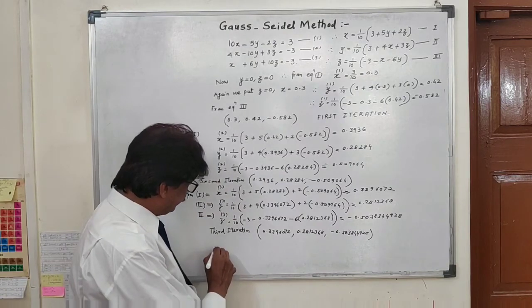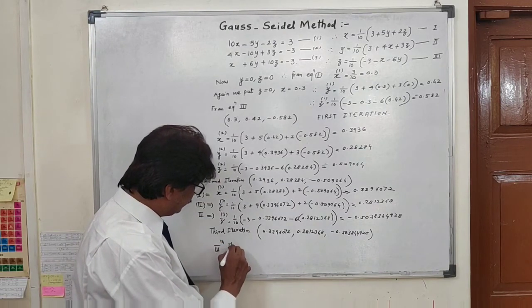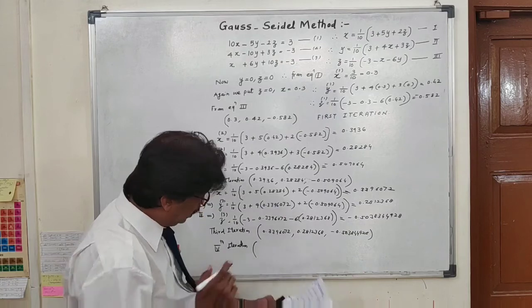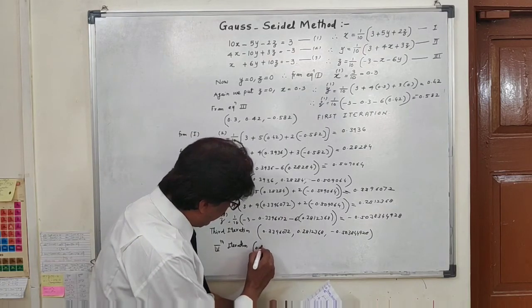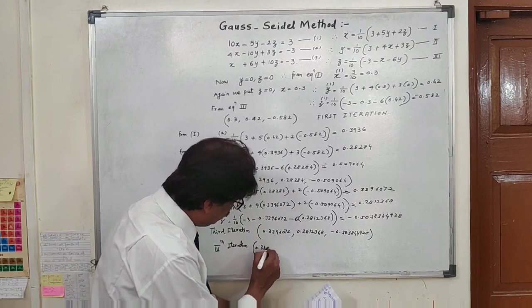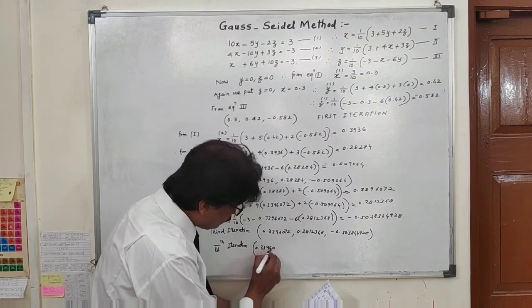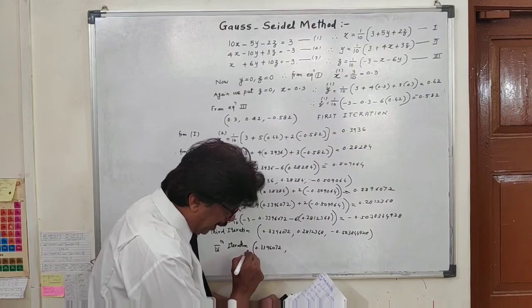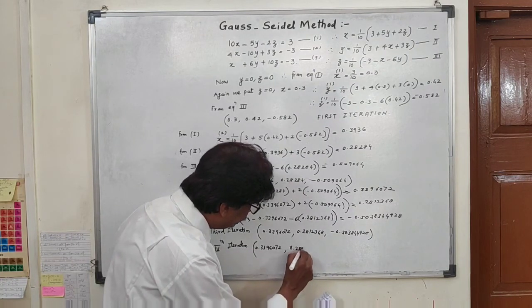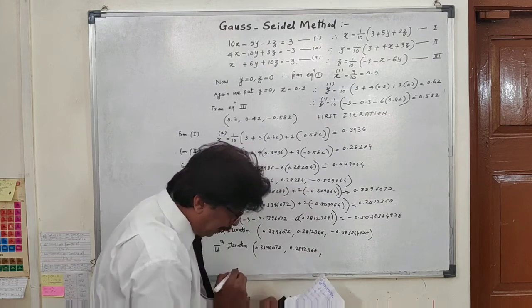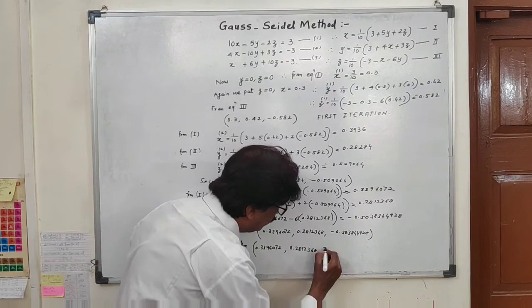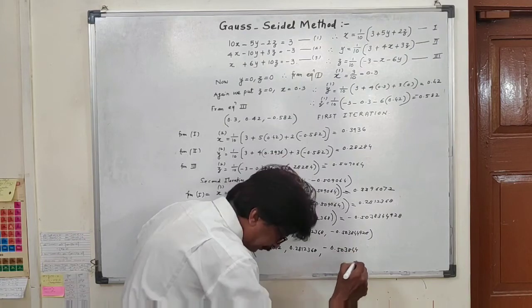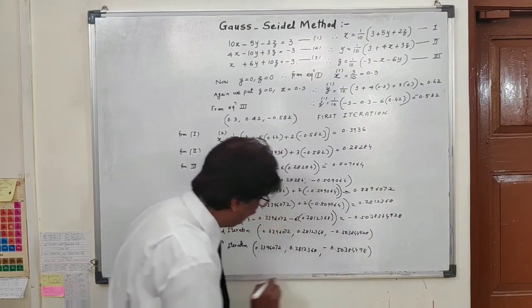The fourth iteration, I have calculated it: the x4 value is 0.3396072, the value of y4 is 0.2812368, and the value of z is minus 0.503844.